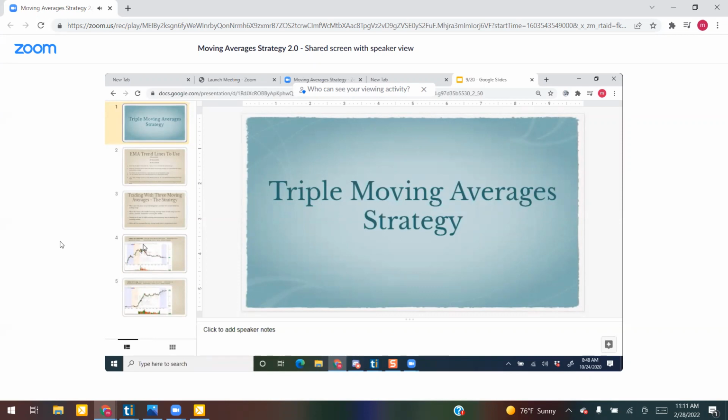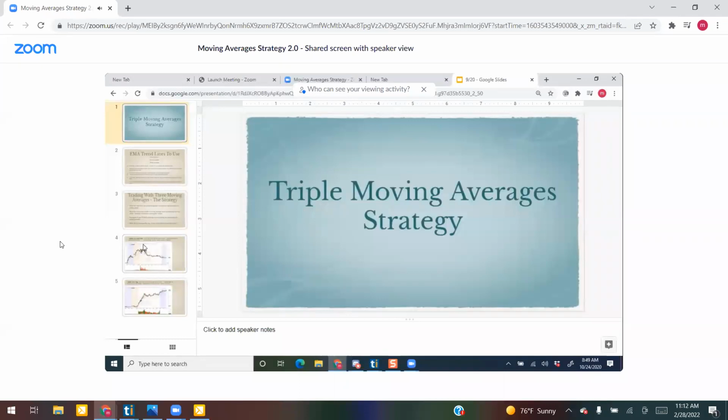If you have one twig, it is very easy to snap. It doesn't take much. So the example for trading would be if you only were looking at one moving average and price hits that one moving average, it's a lot easier for price to either fall under or rise above that one moving average.